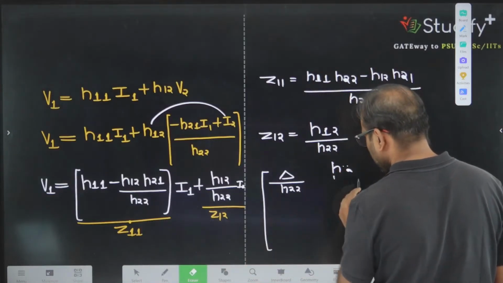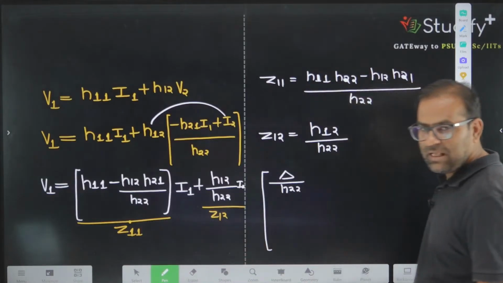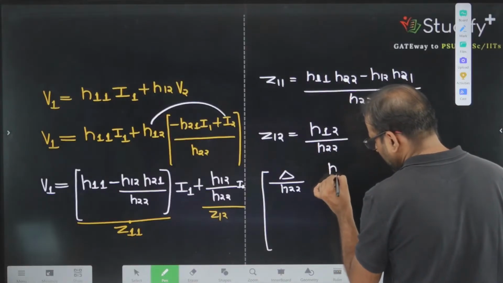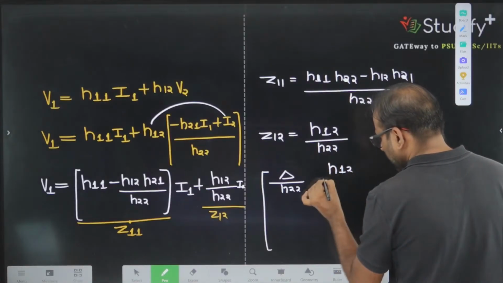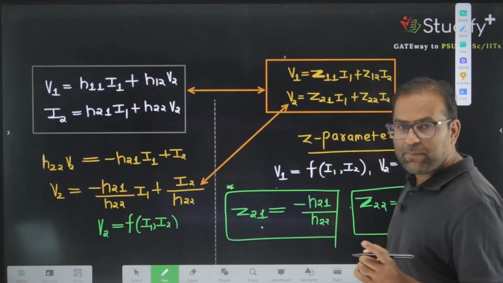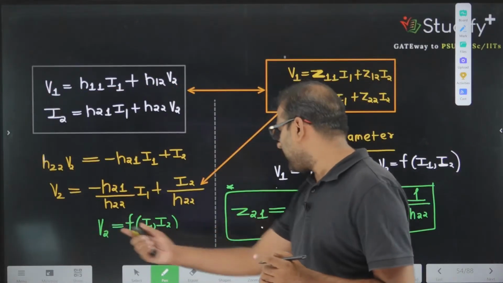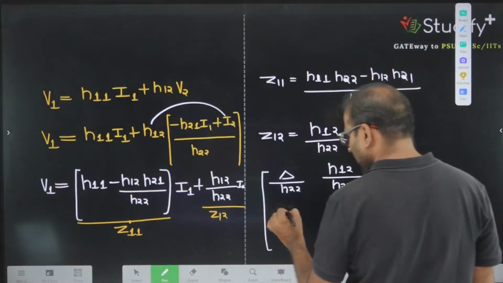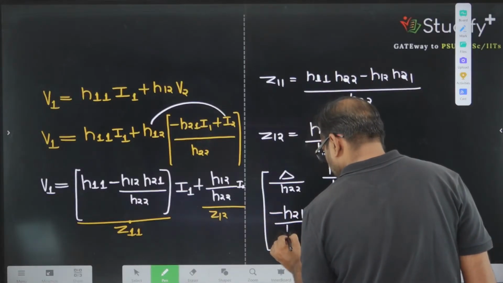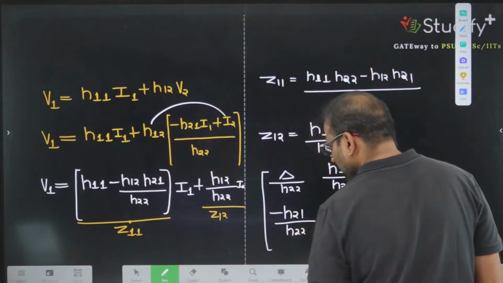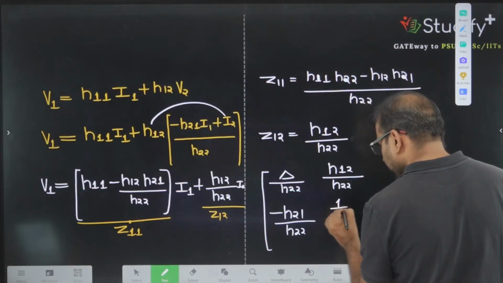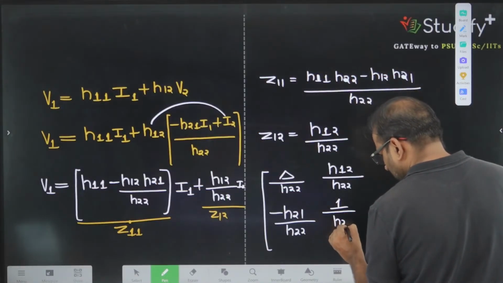Correct? Then we will write the Z12 parameter, it is H12. Always remember what del is. Del is the determinant of this 2 by 2 matrix. So this is H12 divided by H22. What is the Z21 parameter? Z21 comes from here, minus H21 divided by H22, and this is 1 divided by H22.